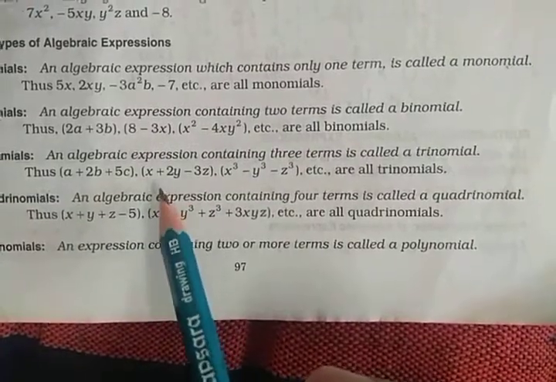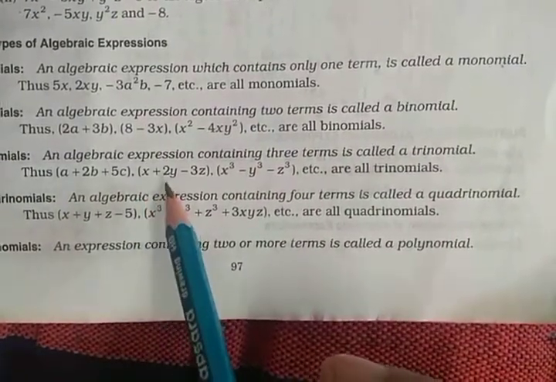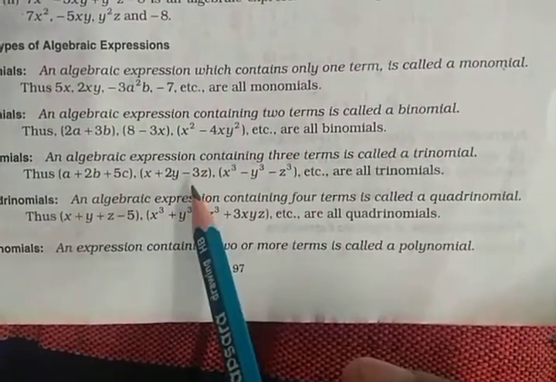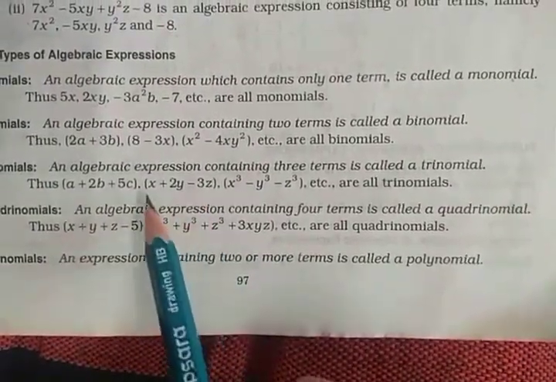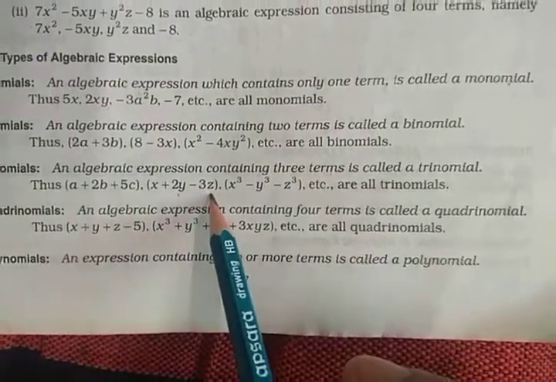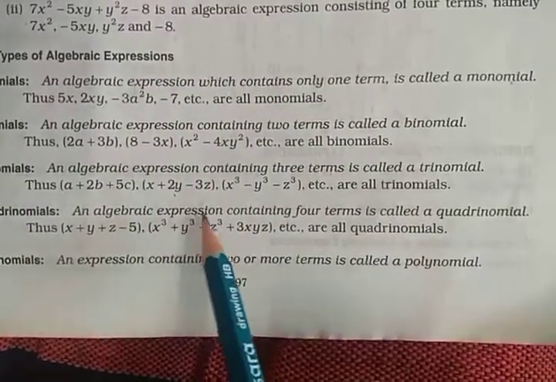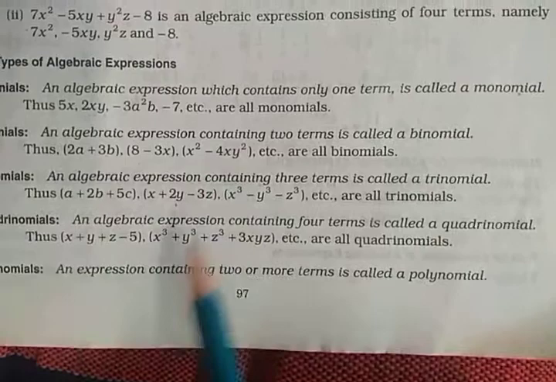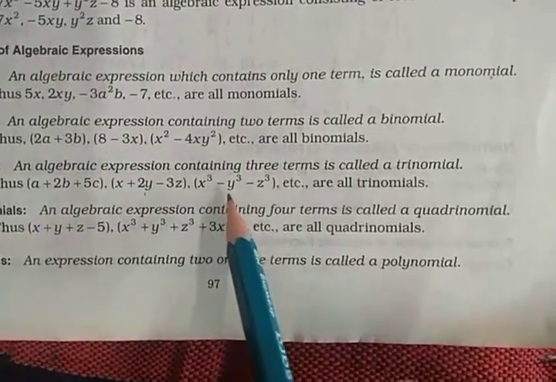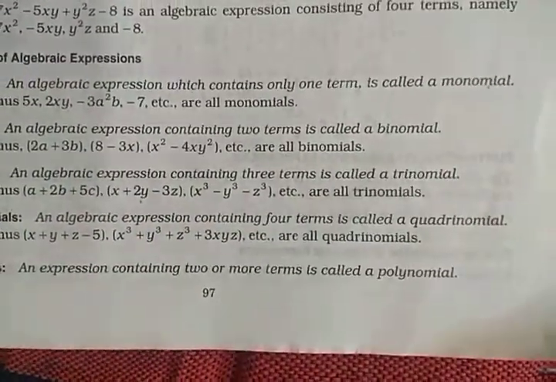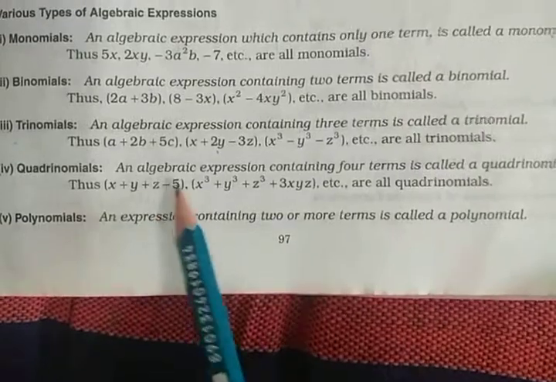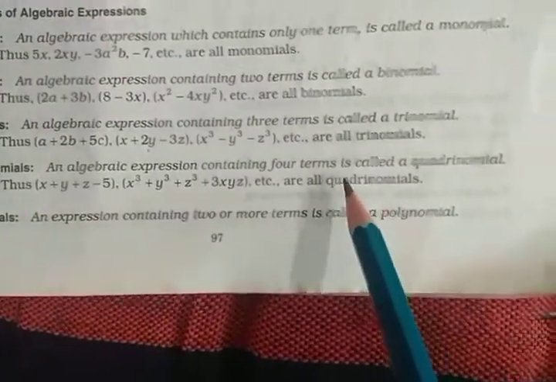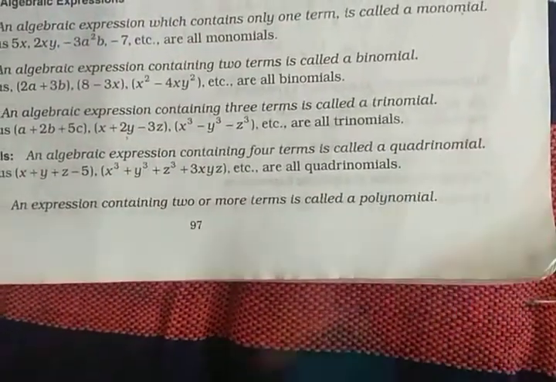Next, x plus 2y minus 3z also contains three terms, so this is a trinomial. And x cube minus y cube minus z cube is also a trinomial, containing only three terms.